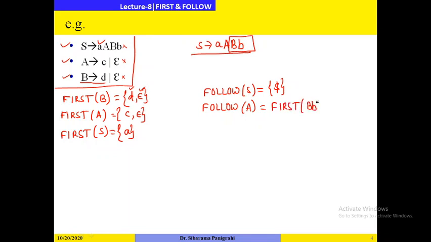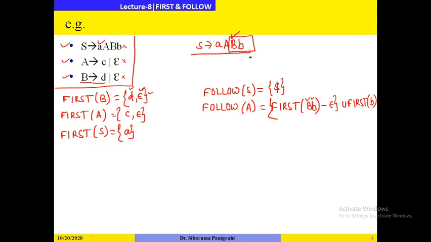So if first of BB contains epsilon, then first of BB is nothing but first I will compute first of B. Here you see first of B contains epsilon. Then what will you do? First of BB minus epsilon union first of rest, so first of small b. After capital B, what is there? Small b.